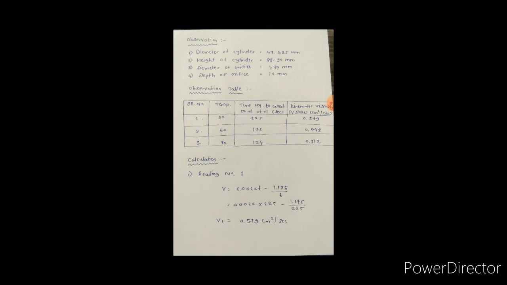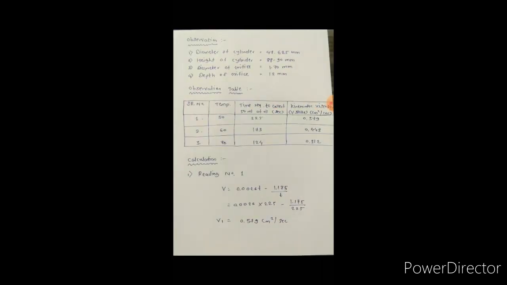So 0.0026 into 225 minus 1.175 divided by 225. So for reading 1, V1, that is the kinematic viscosity, is 0.579 centimeter square per second. This is the kinematic viscosity for the temperature 50.